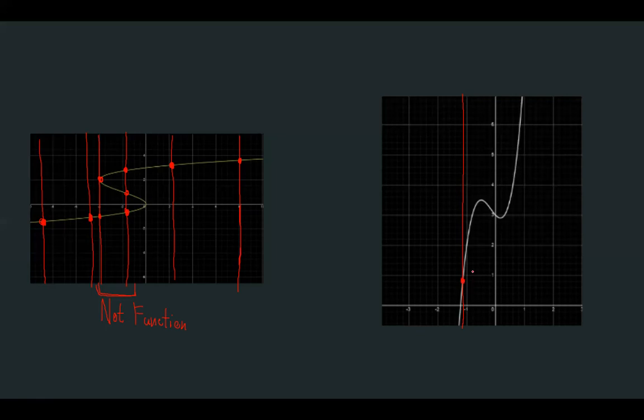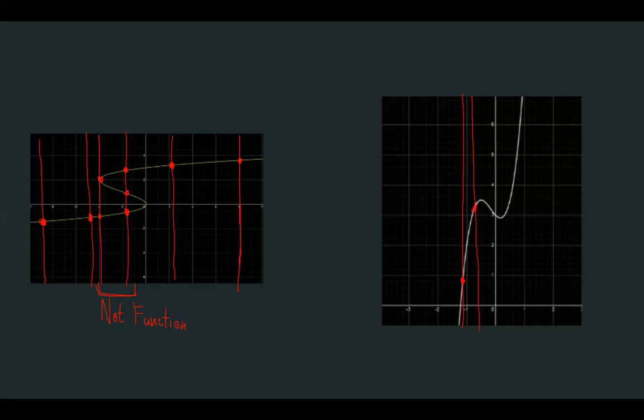If you're going to zoom in on this graph with the use of a graphing calculator, just like Desmos, you will see that if you intersect a vertical line with this graph, it will still intersect at one point, just like this one. So let me move to a different position. How about I draw a vertical line?